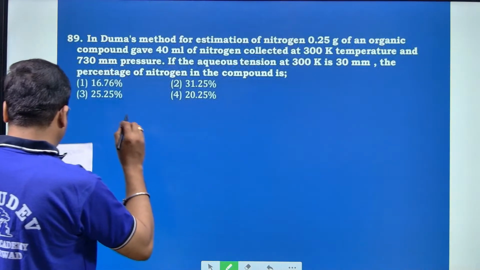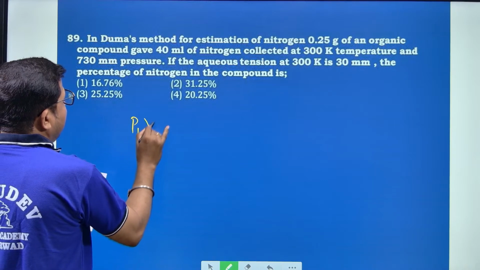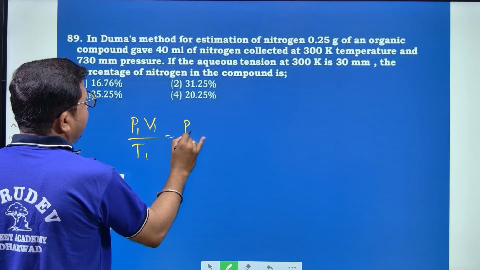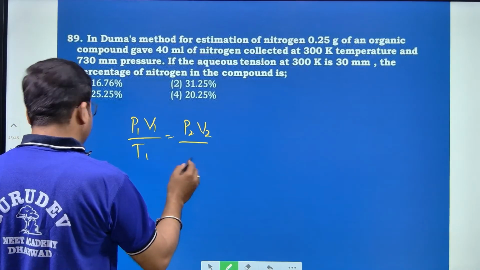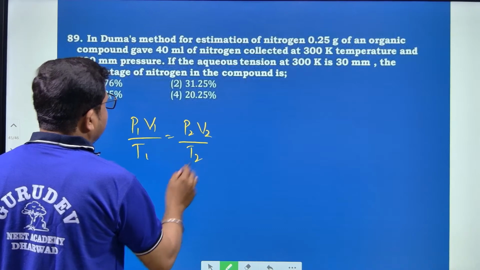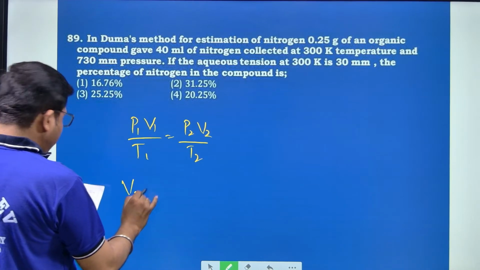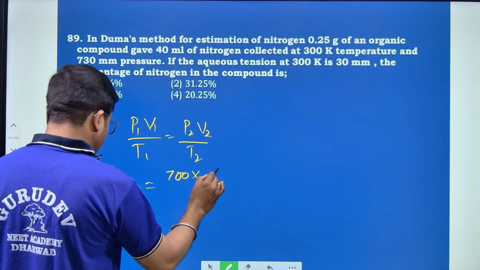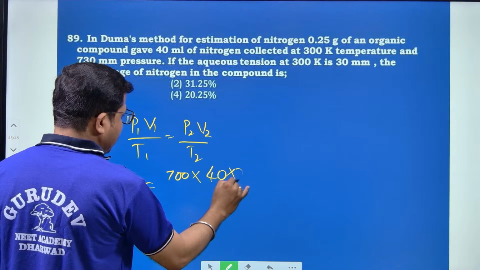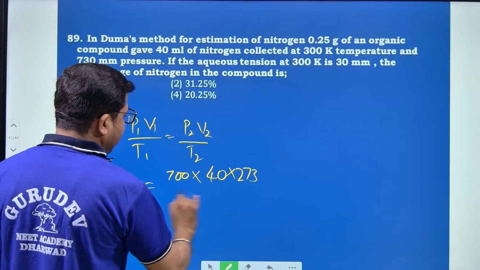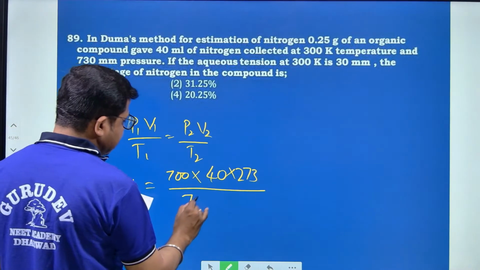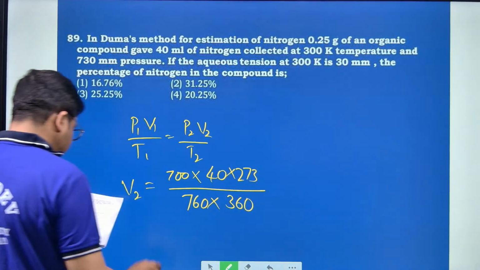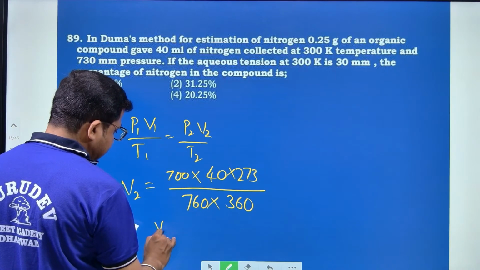P1V1/T1 is equal to P2V2/T2, and we have to calculate V2. V2 is equal to 700 into 40 into 273 divided by 760 into 300.